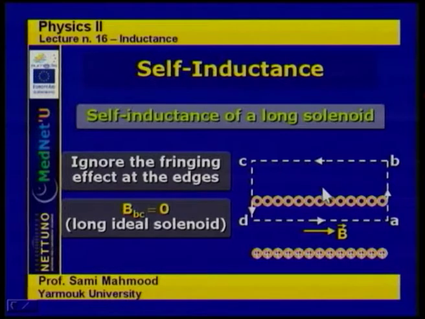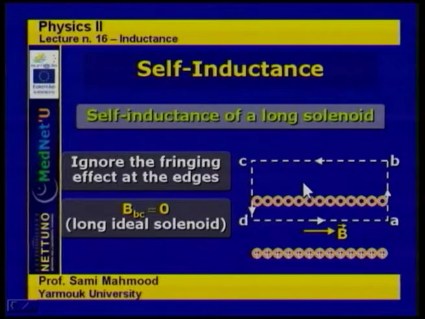That means B dot dl should equal 0. And in general, this loop can be taken with its length anywhere. So if we assume that the magnetic field here is B1 and the magnetic field here is B2, we have B1 minus B2 times the length of this Amperian loop, and that's equal to 0.